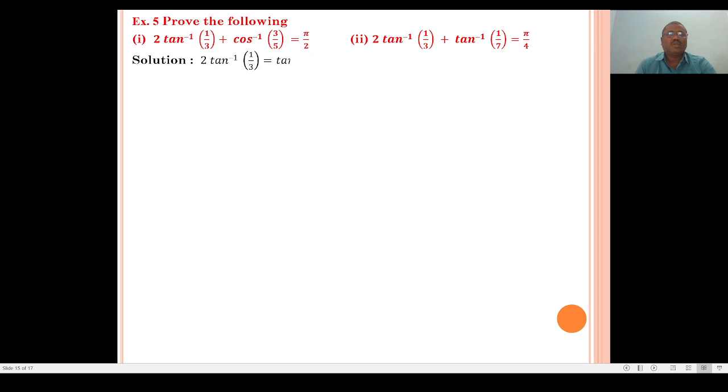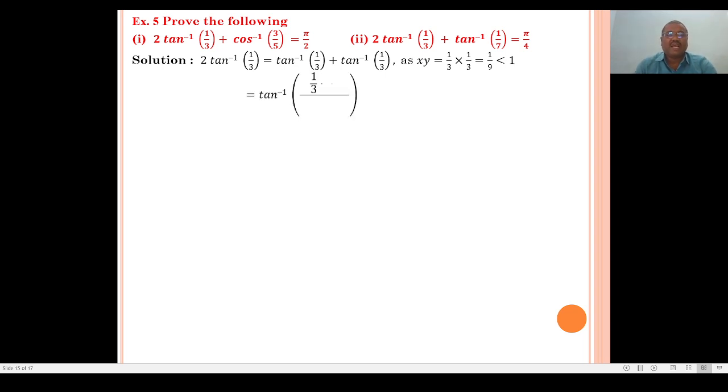Prove the following: 2 tan inverse 1/3 plus cos inverse 3/5 equals pi/2, and 2 tan inverse 1/3 plus tan inverse 1/7 equals pi/4. 2 tan inverse 1/3 equals tan inverse 1/3 plus tan inverse 1/3, as xy equals 1/9, which is less than 1.